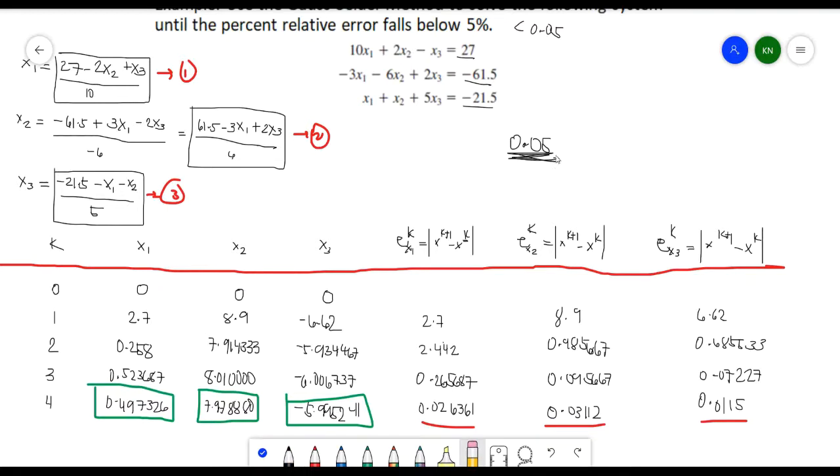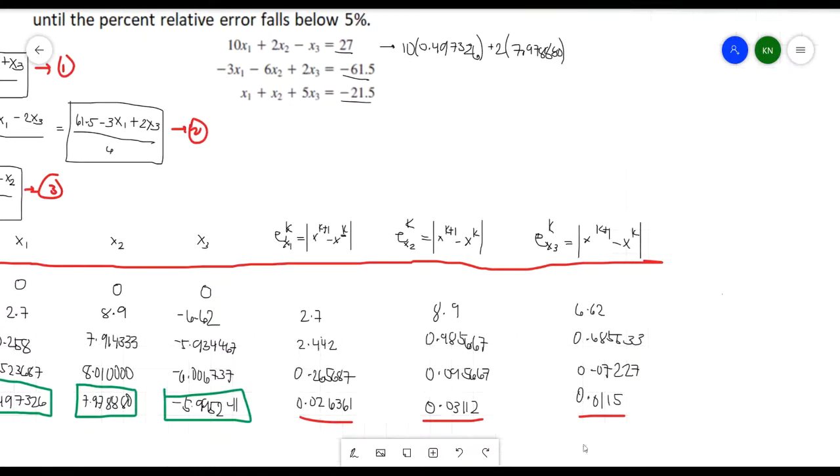So let's try to substitute this one. We have 10 multiplied by x sub 1, which is 0.497326, plus 2 multiplied by 7.978880.